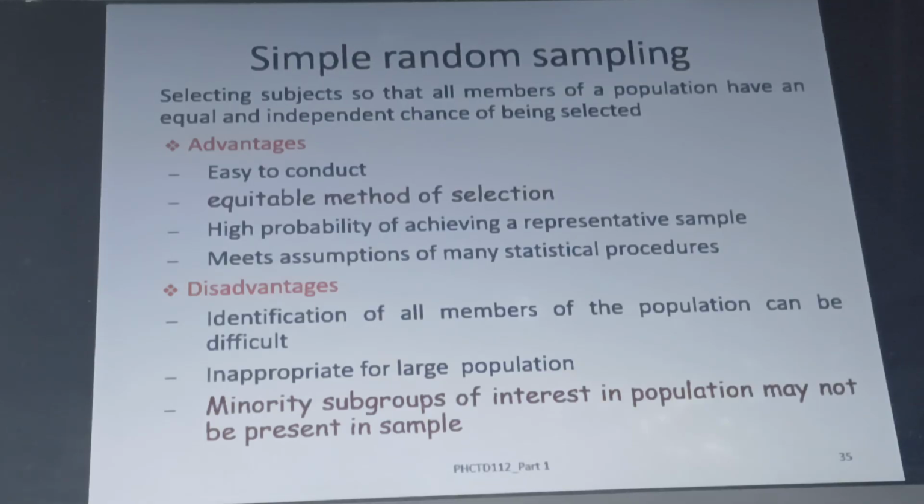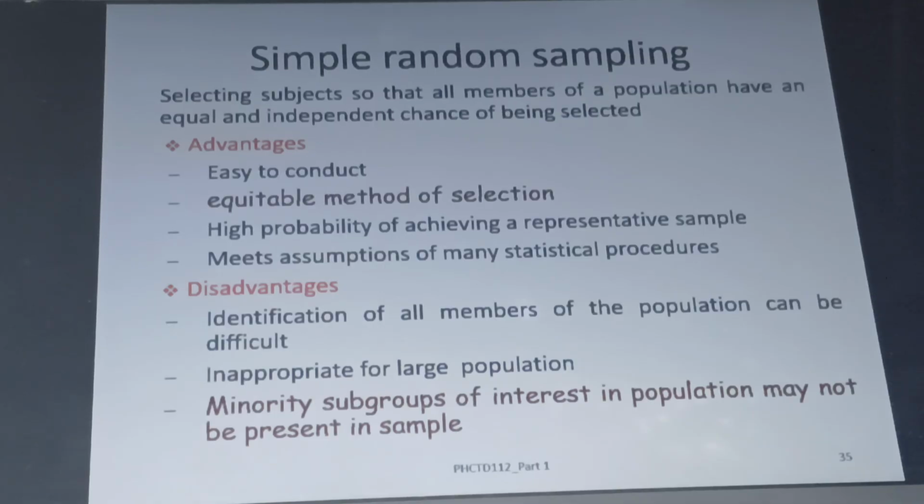The advantages of simple random sampling are that it is easy to conduct and everybody has an equal chance of selection. That's why we have an equitable method of selection, and it has a high probability of achieving a representative sample. It meets assumptions of many statistical procedures.